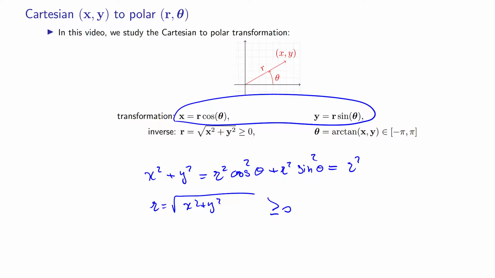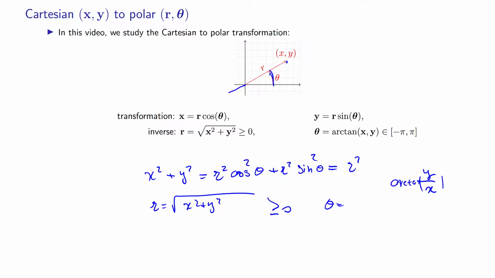So theta is this angle, which is a kind of arctangent. But the problem with the arctangent, if we divide y by x and then apply arctan, is that if your point, instead of being here, is in a symmetrical point here, at minus y and minus x, in that case you'll get minus y divided by minus x, and arctan of this point will be equal to that.